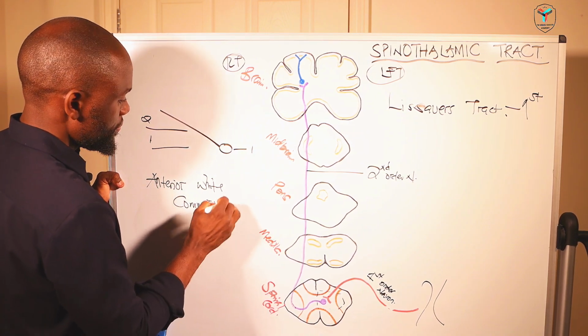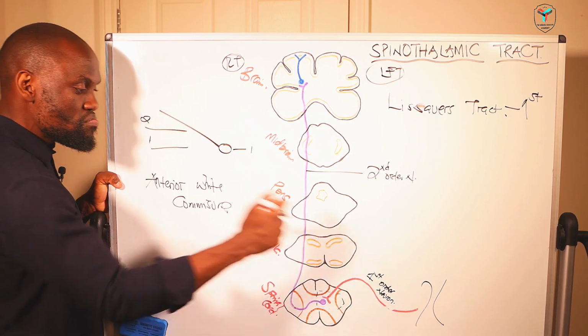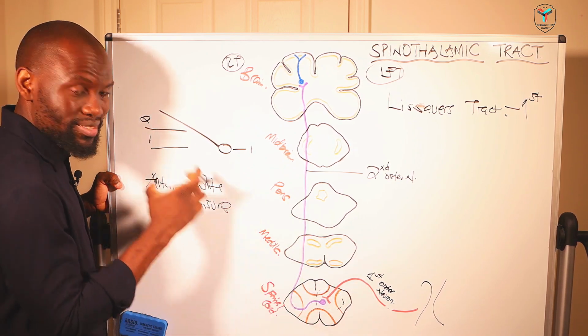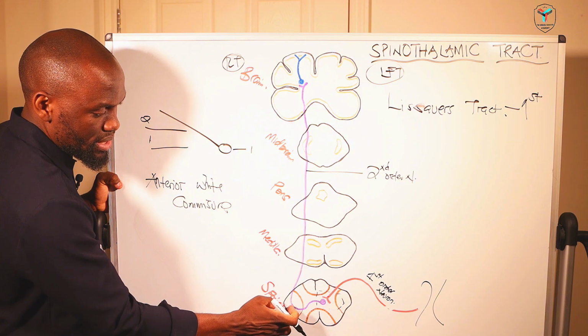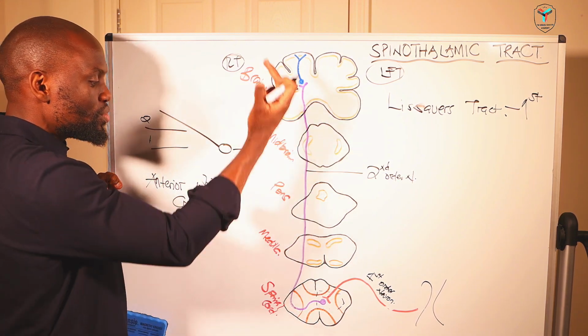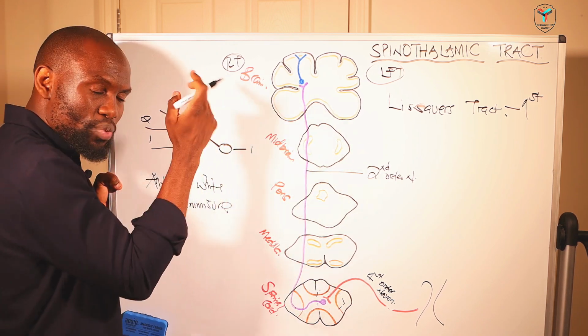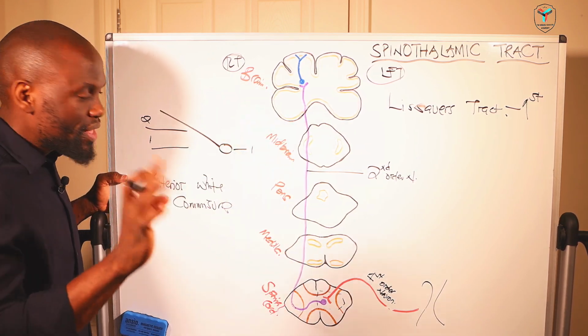Okay, so this is a point where it just decussates and then moves towards the opposite side. So once it moves towards the opposite side, it will then start moving through the medulla, through the pons, through the midbrain, until we get through to the thalamus.